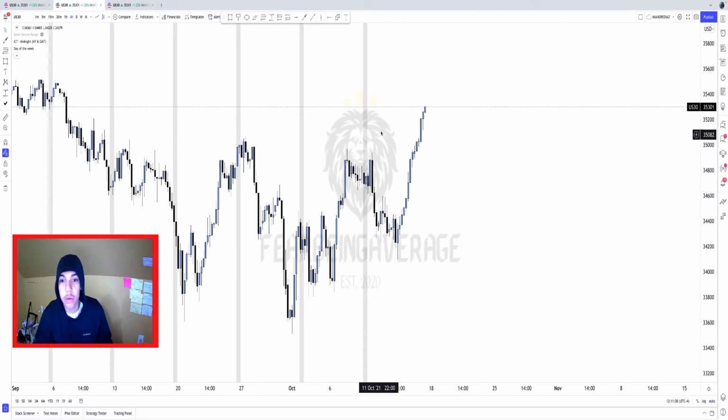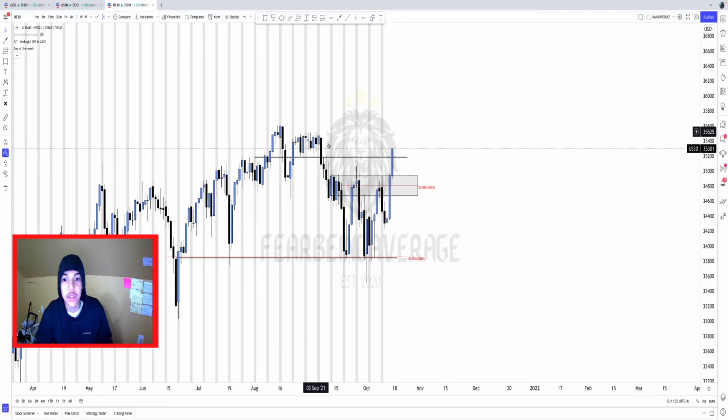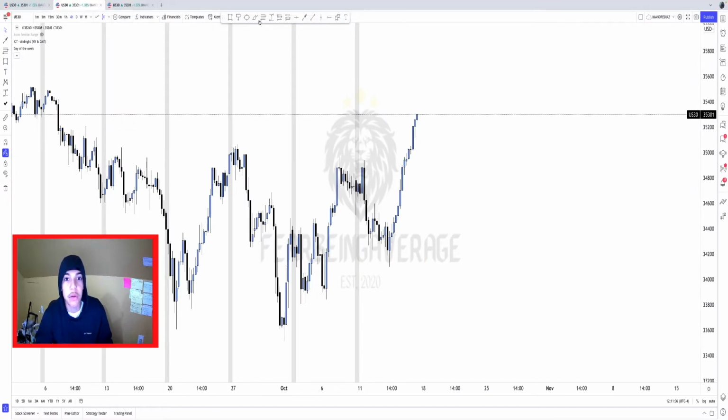Like I said, that order block that we were looking to take price back into is at 34,800. So we can map out 34,800 over here, which is right here. And you can see that we also have this 4-hour breaker block, which is more confluence for why price should have a reaction in this certain area of price.